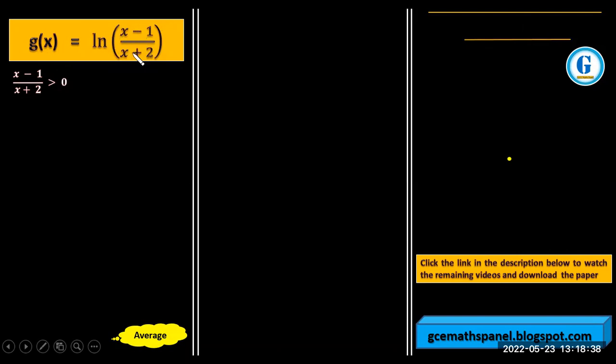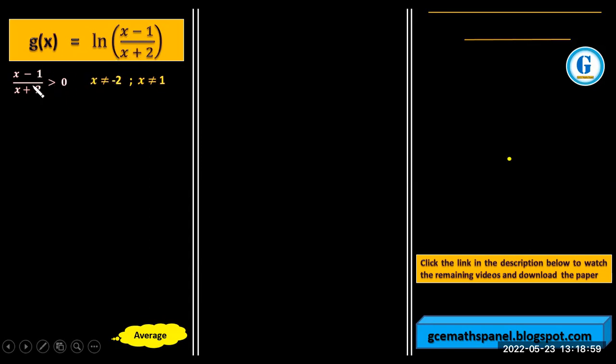And if x plus 2 equals 0, this will give us x minus 1 divided by 0, which gives infinity, which is still undefined. Therefore, x should not be equal to 1, and x should not be equal to minus 2. Therefore, these boundaries are not included.